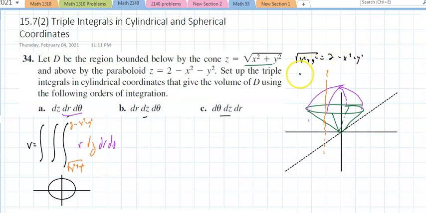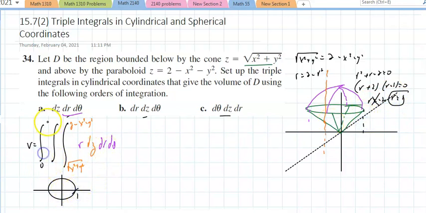So I could say r equals 2 minus r squared, and r squared plus r minus 2 equals 0. So r plus 2, r minus 1 equals 0. R equals negative 2, that's not in the first quadrant. R equals 1. So that's a circle with a radius of 1. So that tells me theta is 0 to 2 pi and r is 0 to 1. Of course, you could really convert those if you wish.